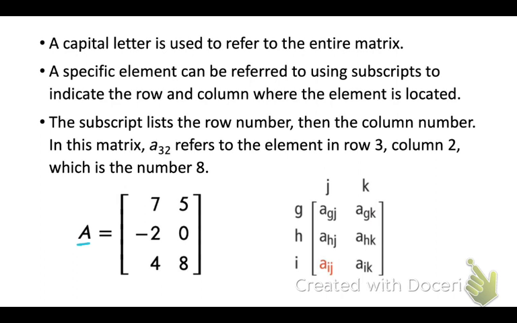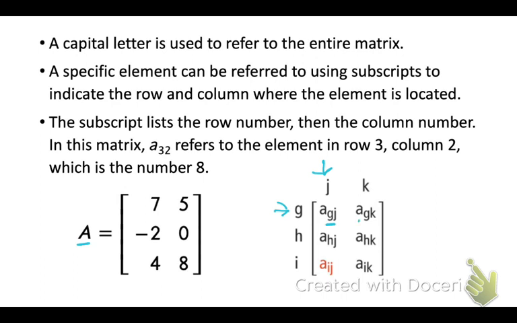Does that make sense? So this is row G, column J. So this element is A sub GJ. See that? It's row first, then column.